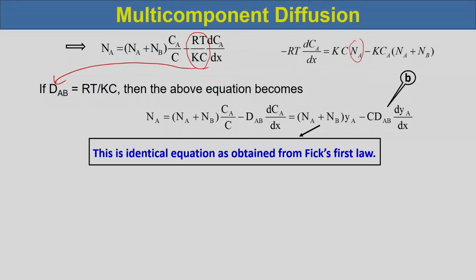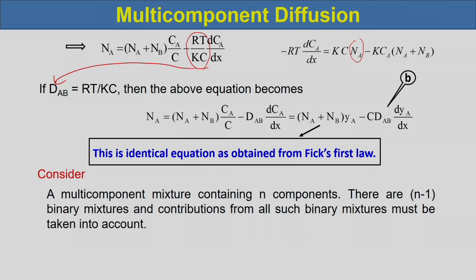So, this is an identical equation to that obtained from Fick's first law. Now, if we consider a multi-component mixture containing n components, then there would be n minus 1 binary mixtures, and the contribution from all such binary mixtures must be taken into account.